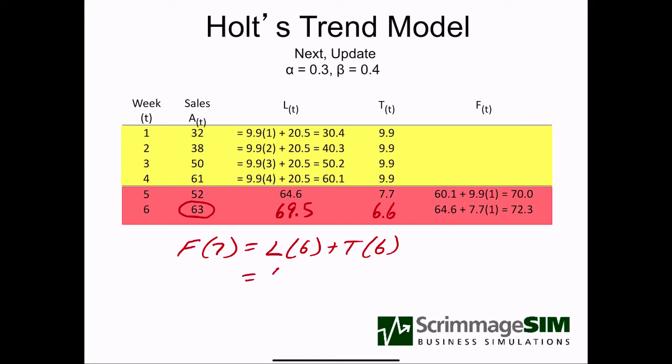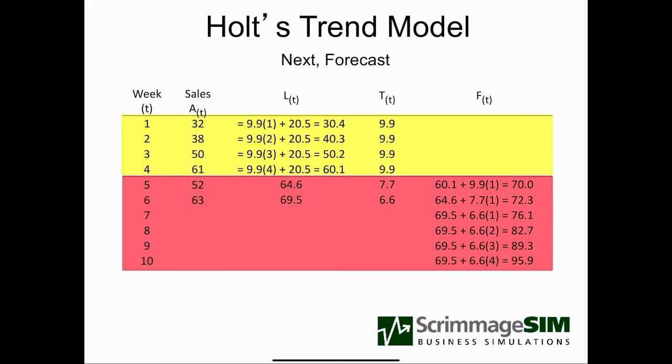So we're going to take 69.5 and add the 6.6 trend to it and have a new forecast of 76.1. Again, with these new values of trend and the level, we'll make new forecasts going forward, and the process continues. When we get a new value for sales, we'll update the level and trend and redo the forecasts that follow.